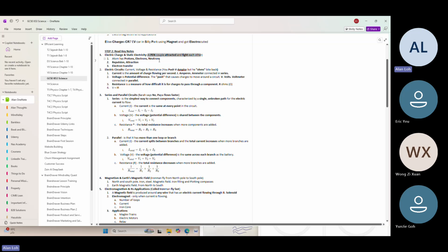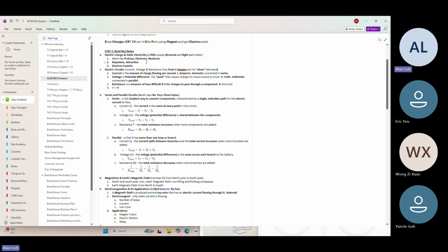A couple, the pen, they're attracted to each other and they fight with each other. Why I use pen is because P links to proton, E electron, and N neutron. So when you think about pen, you can link it with proton, electron, neutrons, the abbreviation of pen, or the spelling of pen. And this couple, the boy and girl, obviously they are attracted to each other.